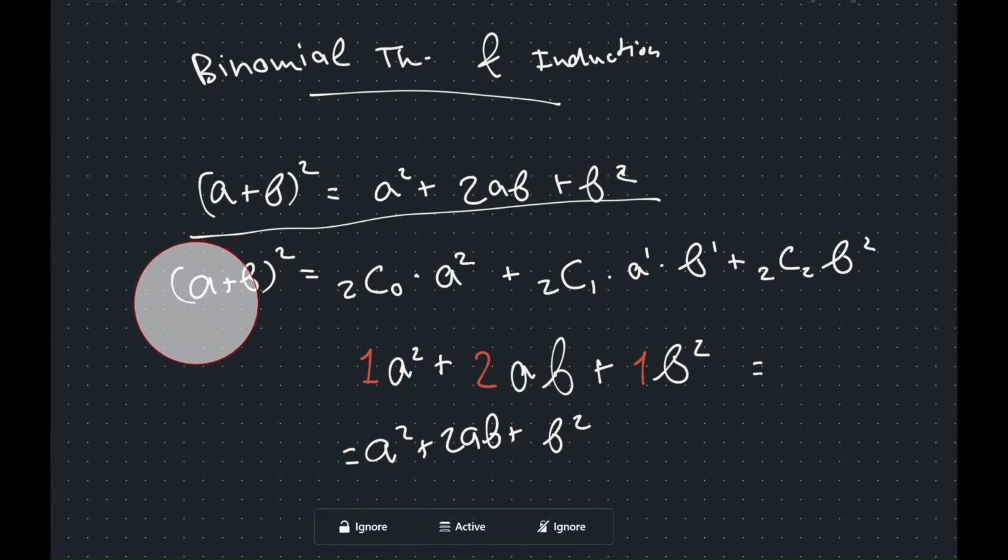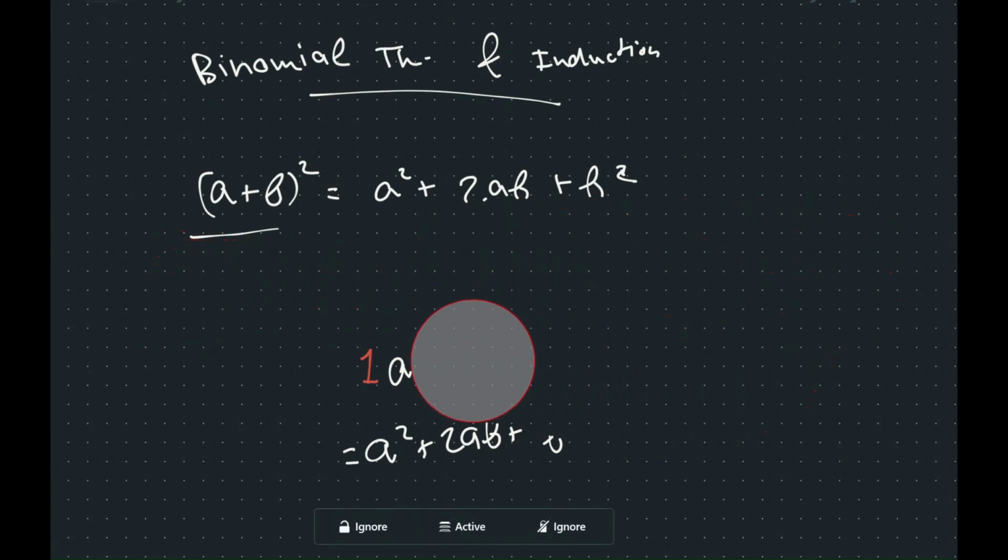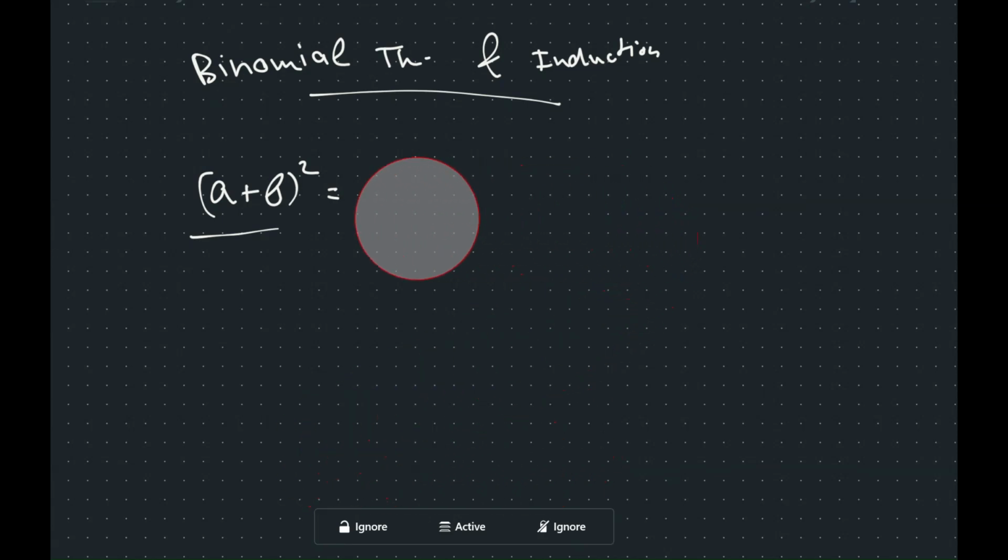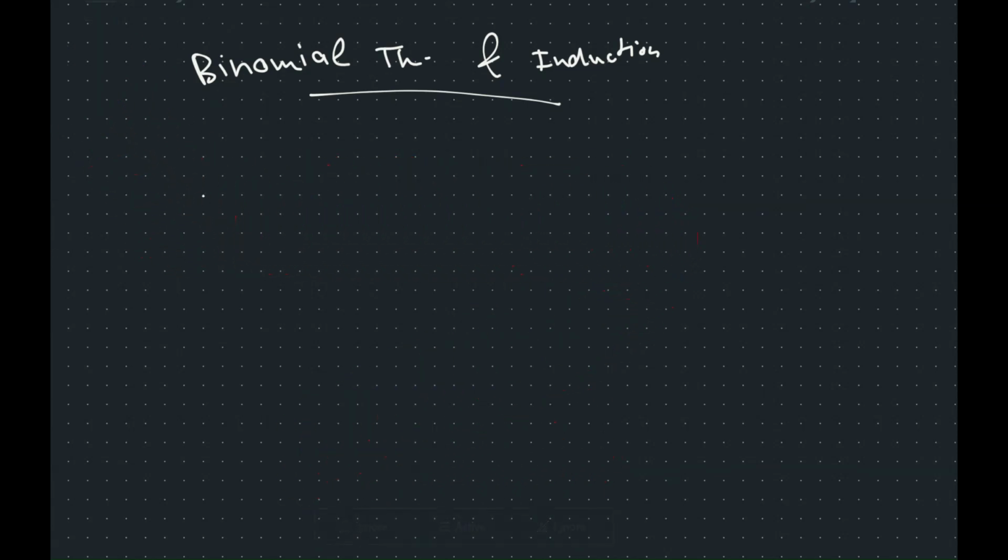And now let's move into something else. Let's not use the power of 2, it's just too easy. Let's go to the power of 4, for example. So if we have a plus b to the power of 4, how do we solve it? Let's do it again. It's going to be equal to nC0 at first, but what is our n?